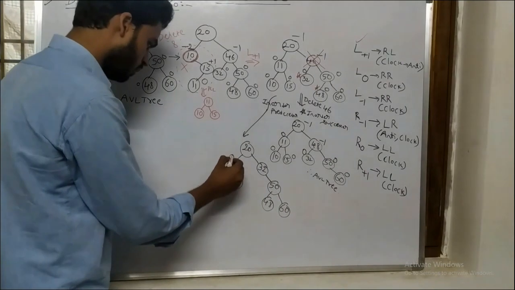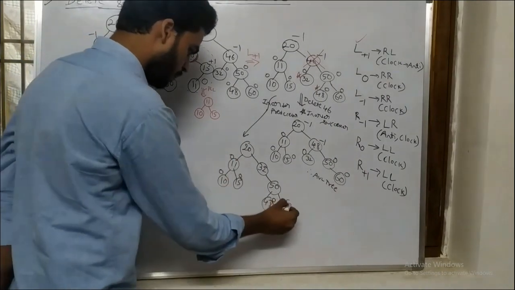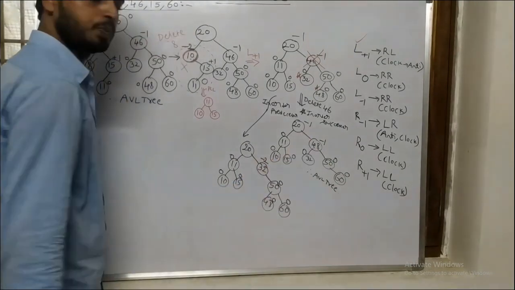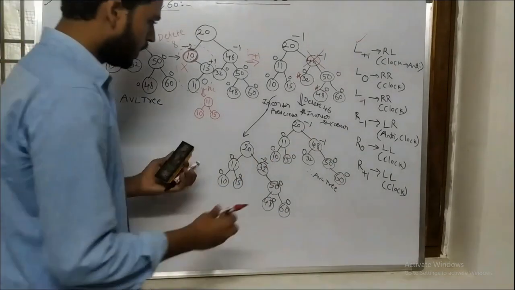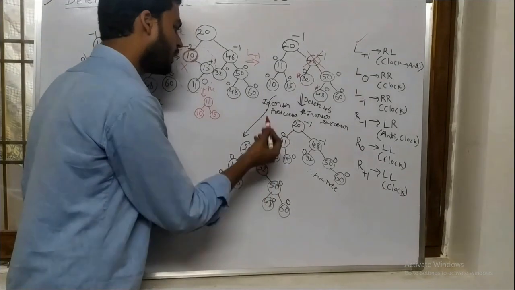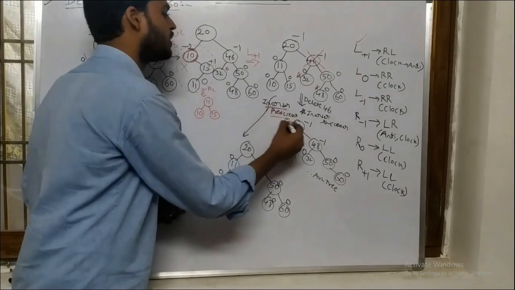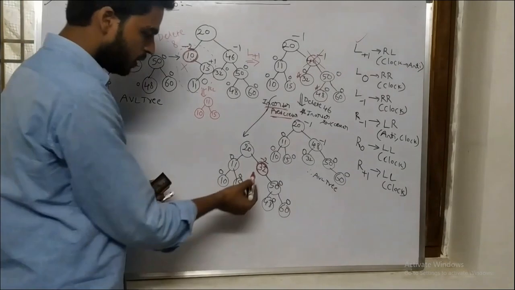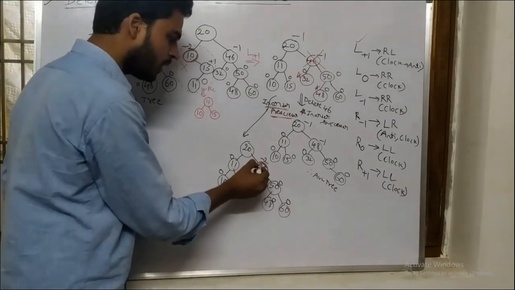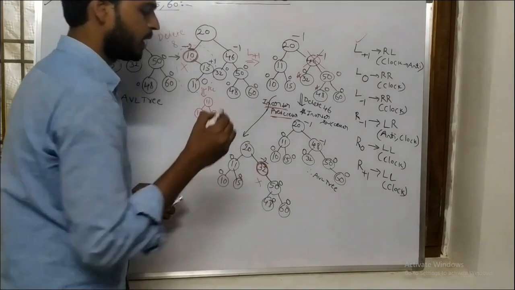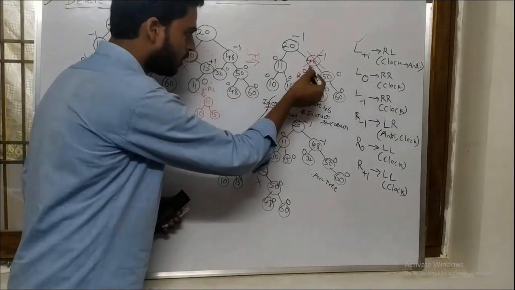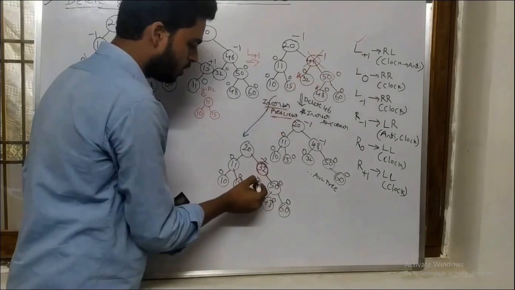The balance factors are 0, 0, 0, 0, 0, 0, but here you will get minus 2. This critical node occurred because of taking the in-order predecessor, that is, because of deleting a node to the left side of it. That is only right, I have copied, and because of the deleted node on the left side of it.